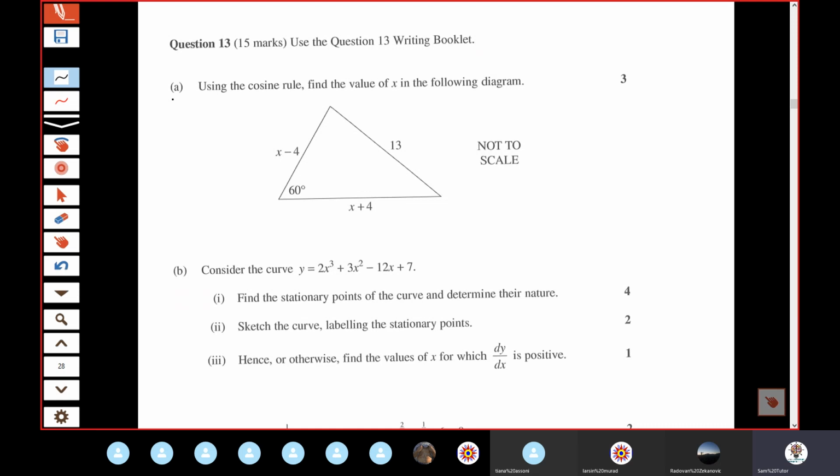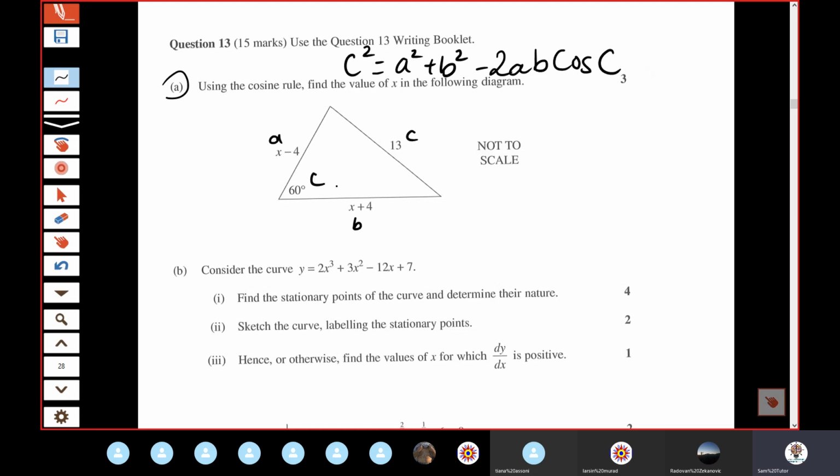A, 3 marks. Using the cosine rule, find the value of x. Don't delay it, just do it. I'll write the cosine rule one more time: c squared equals a squared plus b squared minus 2ab cos C. Little c is 13, a is this, b is this, capital C is this.